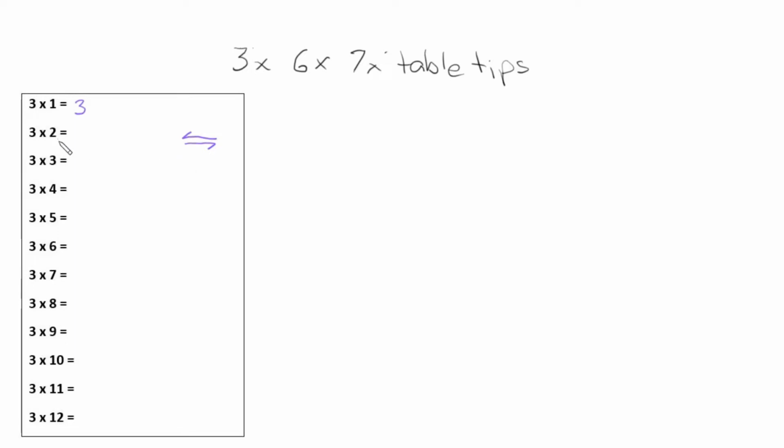You could say 3 times 2 or 2 times 3. So if you remember your 2 times table and the double trick, and you said 2 times 3, well, that means you're doubling the 3, which is 6. So remember the double trick for this times table.